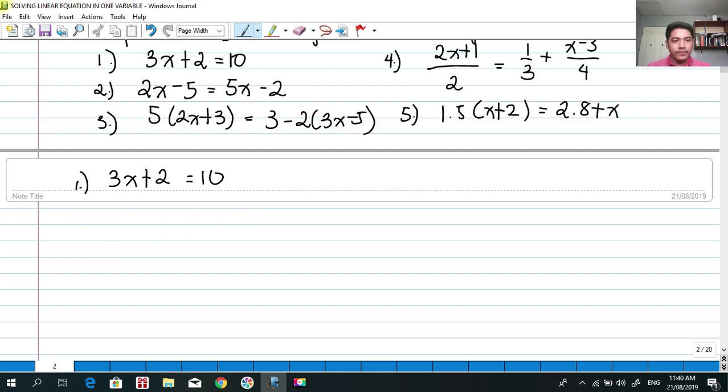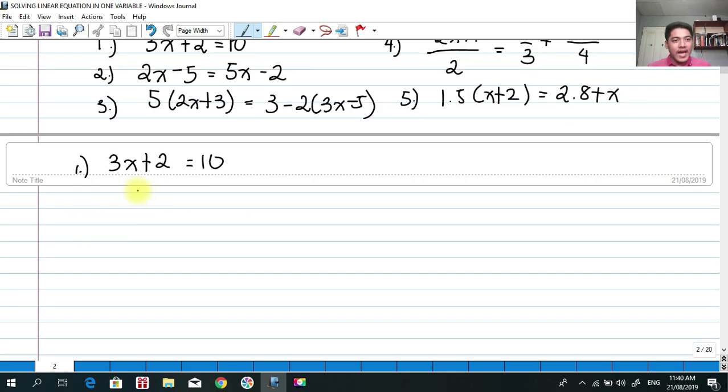First of all, we must isolate x. So 3x equals 10 minus 2. We transpose the 2 to the other side, and when transposing, we change the sign from positive to negative 2.